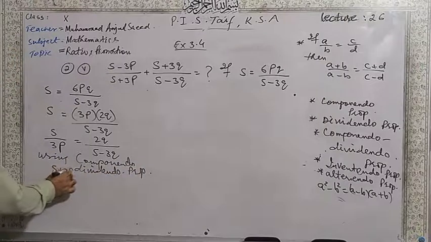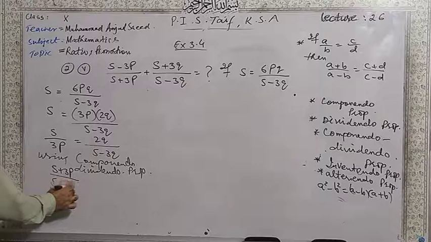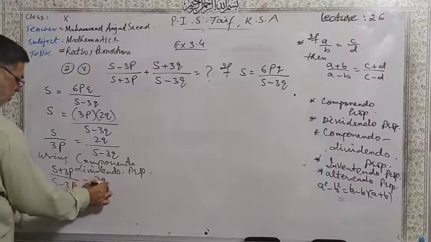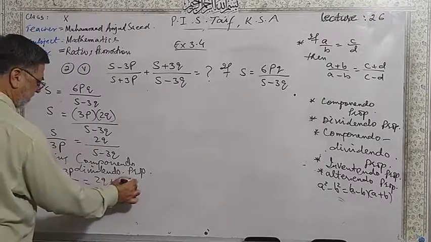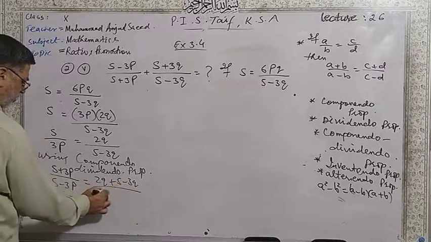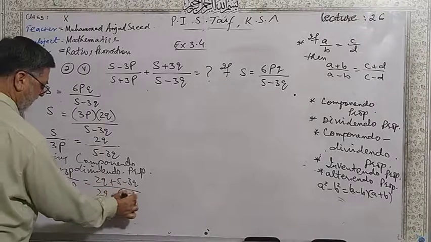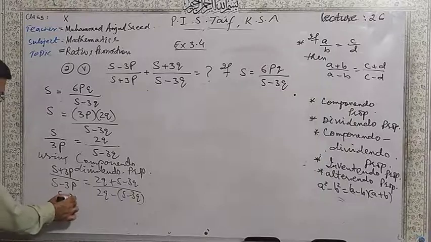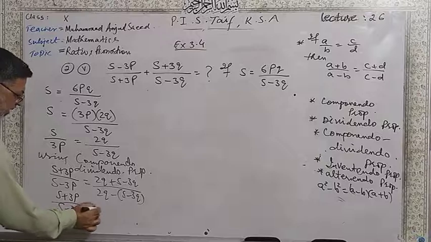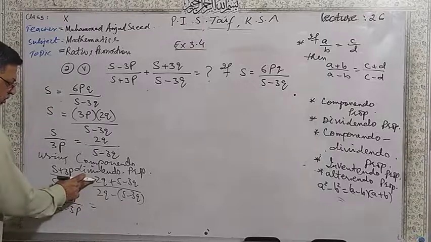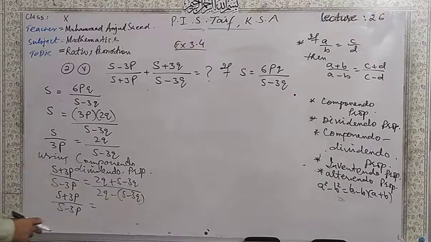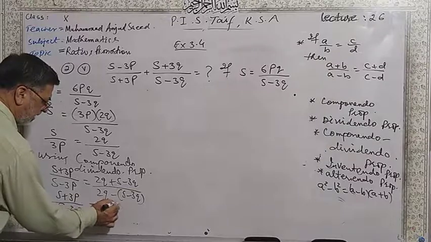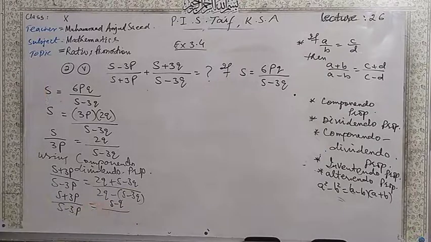S plus 3p over S minus 3p is equal to 2q plus S minus 3q over 2q minus S minus 3q. Here S plus 3p over S minus 3p is equal to 2q minus 3q. So you will write down S minus q.